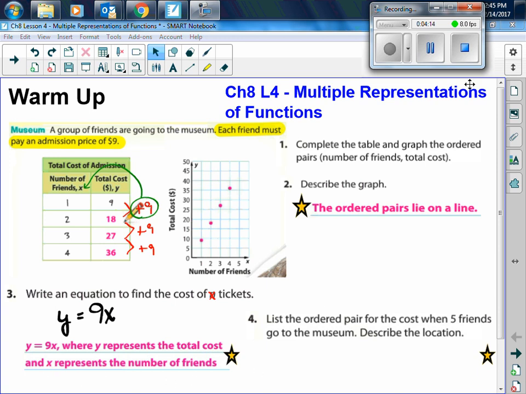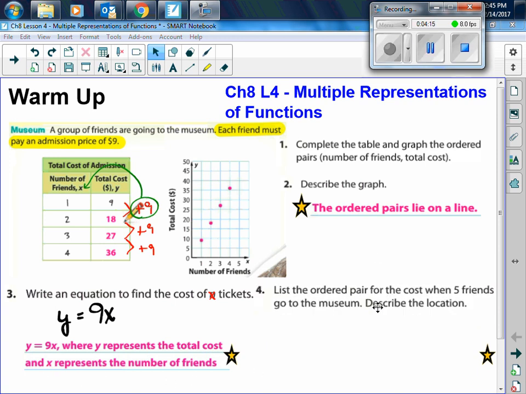All right, number 4 says list the ordered pair for the cost when 5 friends go to the museum, and we want to describe the location. So how do I figure out how much it's going to cost for 5 friends using the information that we have here?